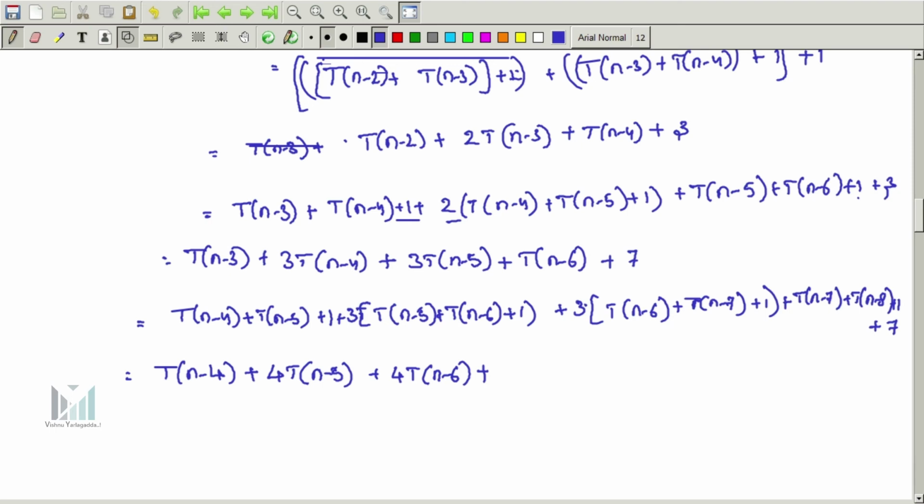Yes, sorry, this will be 6T of n minus 6 plus 4T of n minus 7 plus T of n minus 8 plus 15, because 1, 3, 7, and 8 plus 7 is 15.